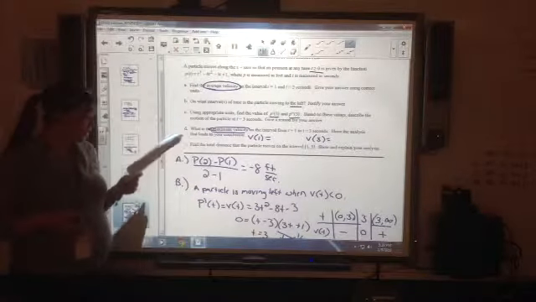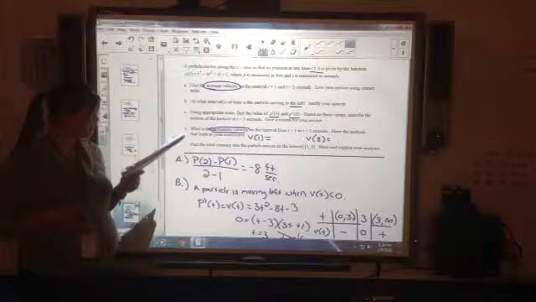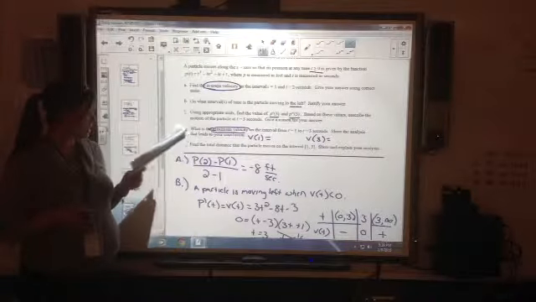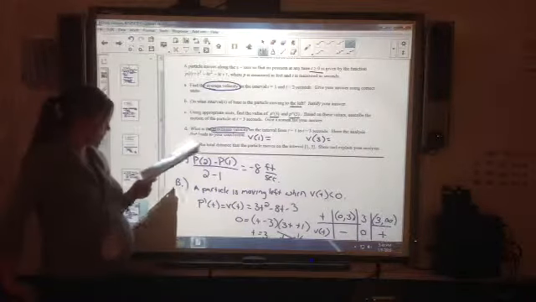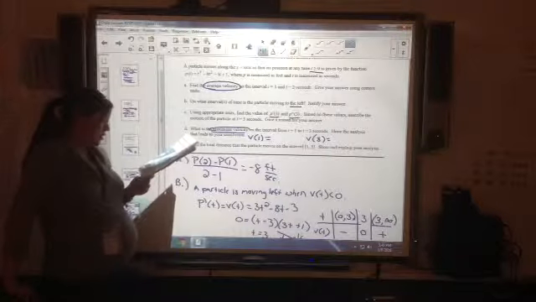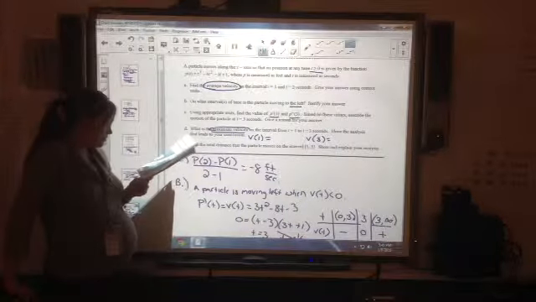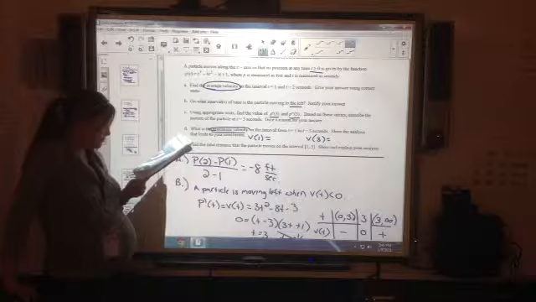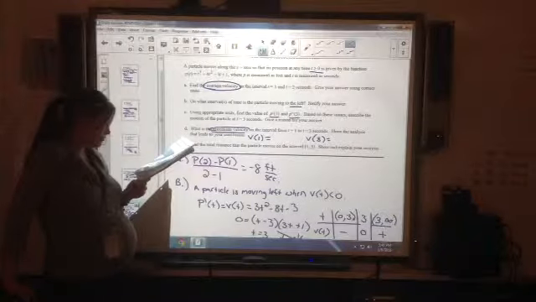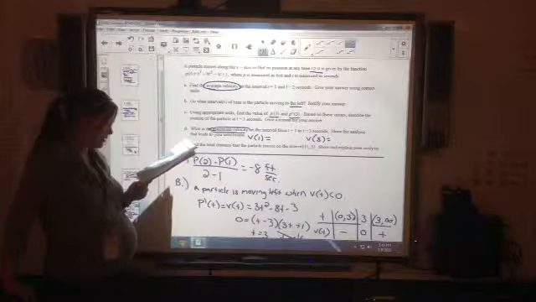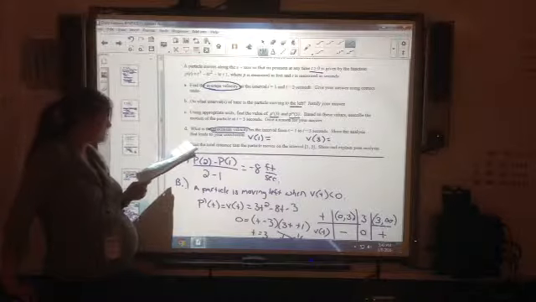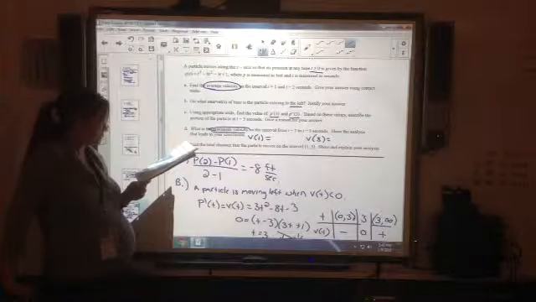So v of 1, if I try that, do I know this one? Hopefully you're doing this along with me as I figure this one out. From t equals 1 second.